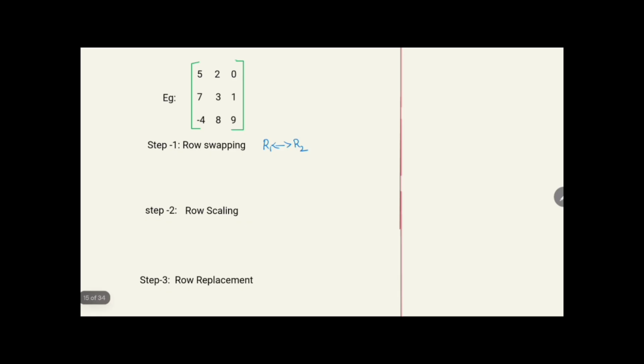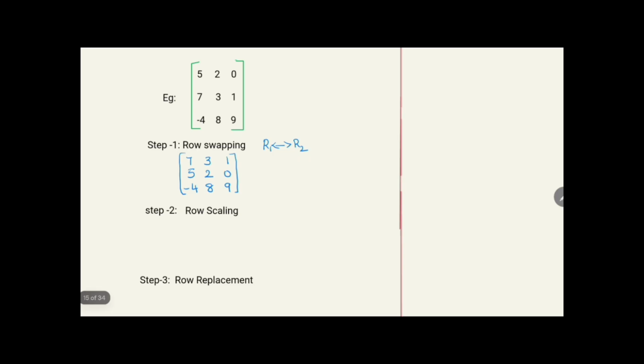You can do the same with column elementary transformation. When I swap R1 and R2, the matrix will look like 7, 3, 1 first. The second row becomes the first row and the first row becomes the second row, and there is no change in the third row. So this is how the matrix looks after the row swapping.